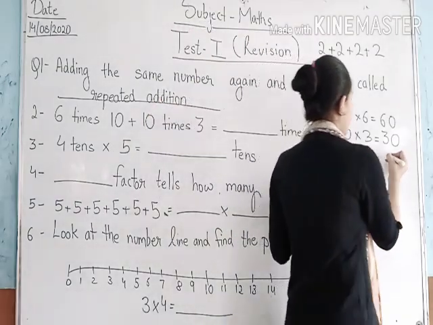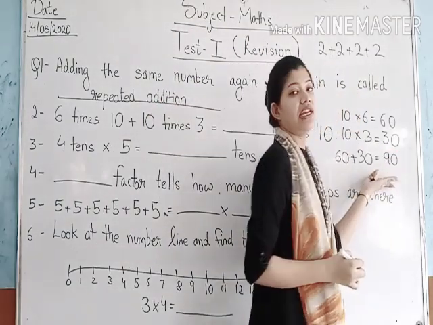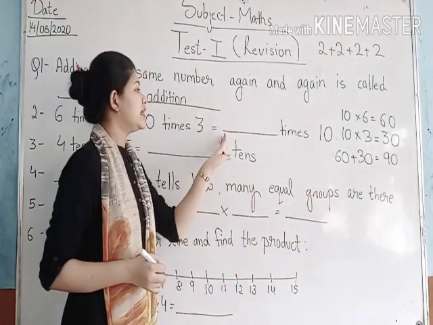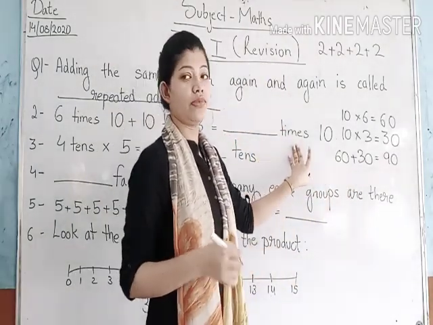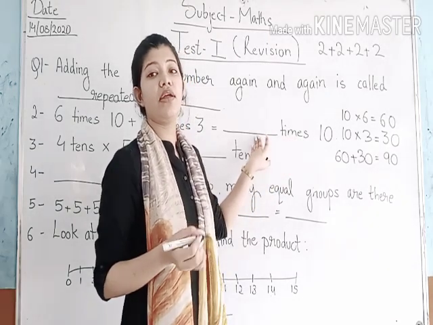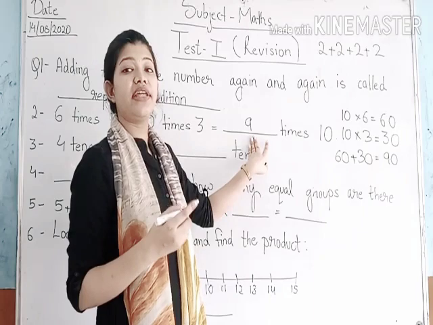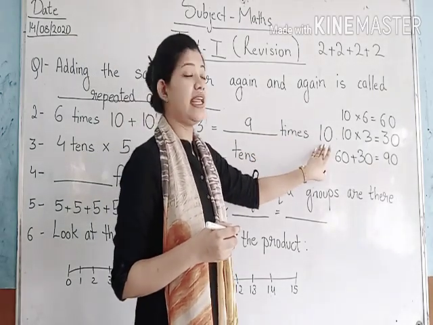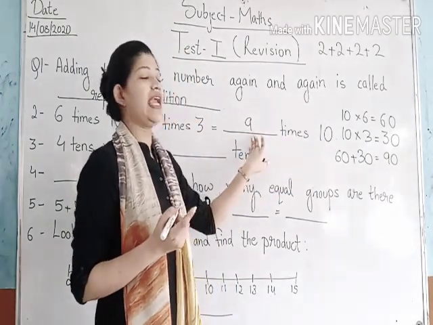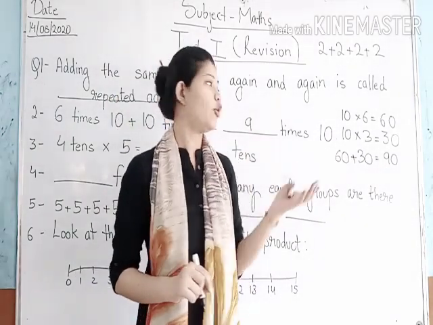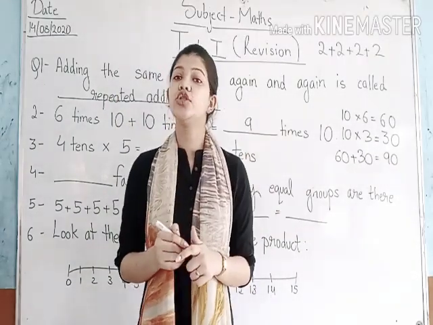So what we got as the answer is 90, which can be called dash times 10. What number will come here? 9. Yes, when we read the table of 10, 9 times, then we get the answer. I hope this question is clear to you all.